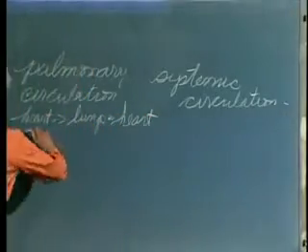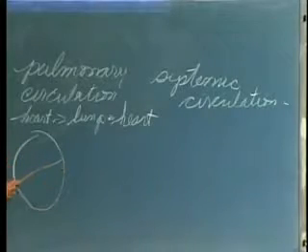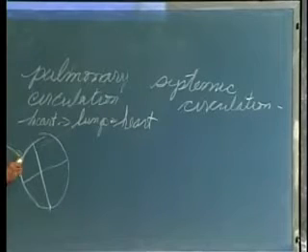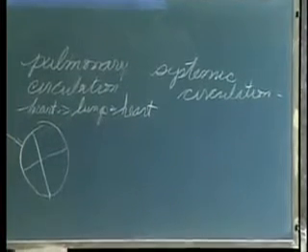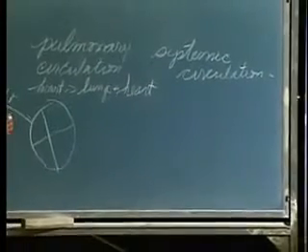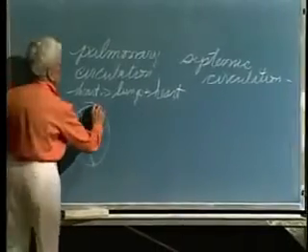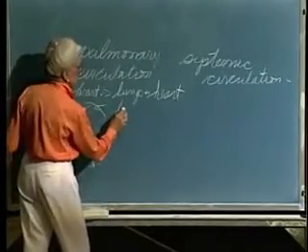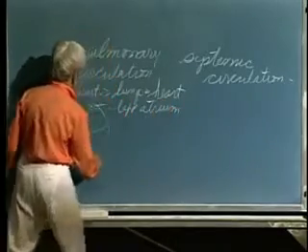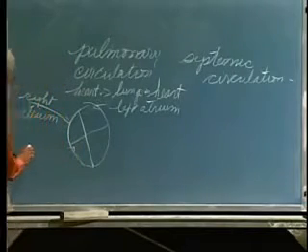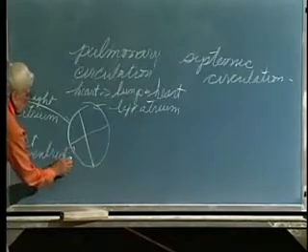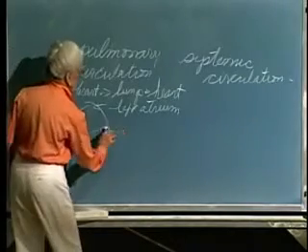So we have a four-chambered heart with a right atrium, a left atrium, a right ventricle, and a left ventricle.